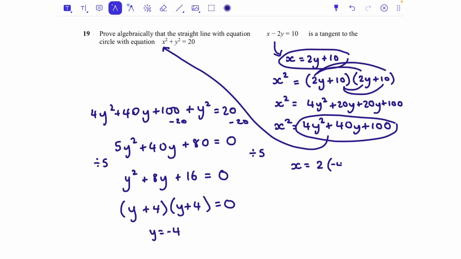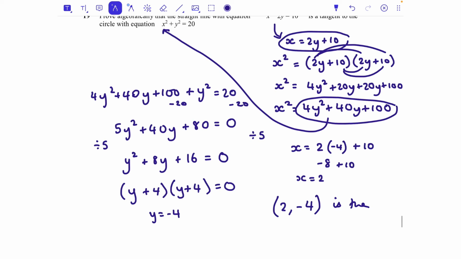So I'm going to do 2 lots of minus 4 add 10, which is minus 8 add 10, which is 2. So x equals 2. Therefore, 2, minus 4 is the only point of intersection. Therefore, it is a tangent.